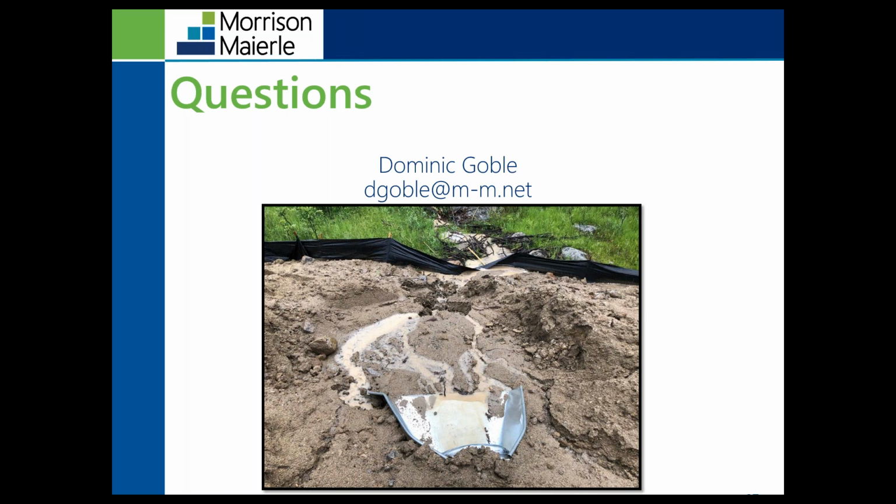DEQ identifies a pollutant as any dredge spoil, solid waste, incinerator residue, sewage, garbage, sewage sludge, munitions, chemical waste, biological materials, radioactive materials, heat, wrecked or discarded equipment, rock, sand, cellar dirt, and industrial, municipal, and agricultural waste that's discharged into water.